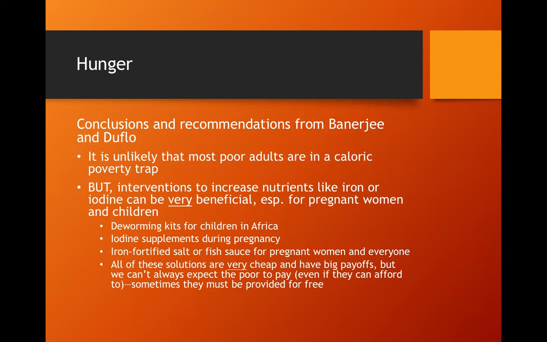It's very cheap to provide iodized salt. And salt is something that tastes good. And we already know the poor, just like us, they want to eat good tasting foods. And so simply iodizing salt and making iodized salt available so that when people buy salt, they are buying iodized salt, or they have the option to buy iodized salt. That's not expensive. It's not hard to do. But that can address this one important problem.